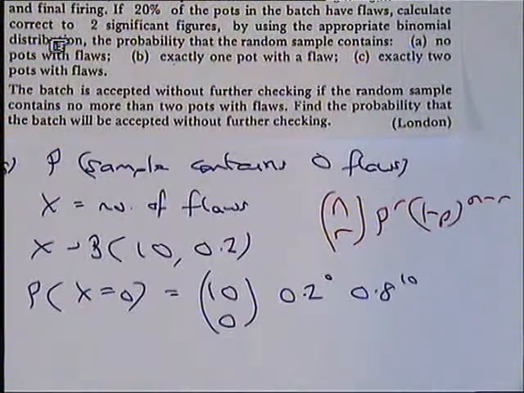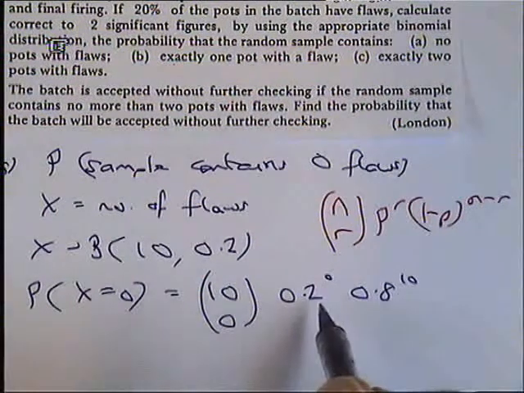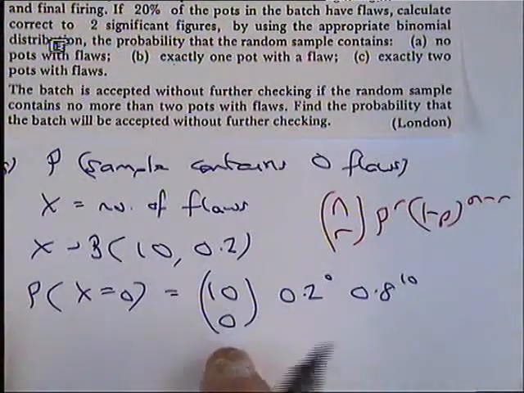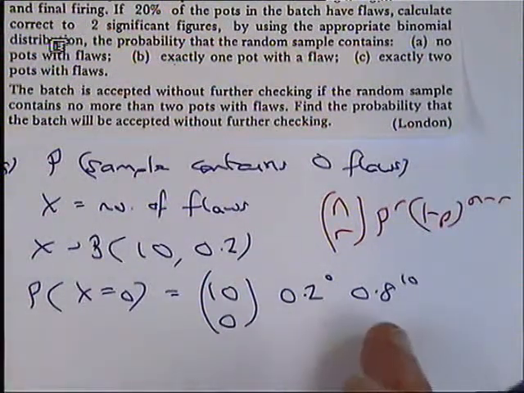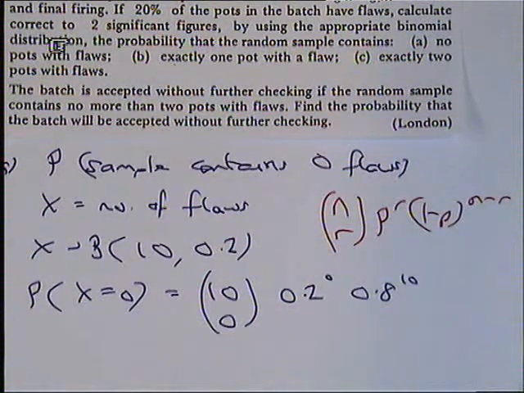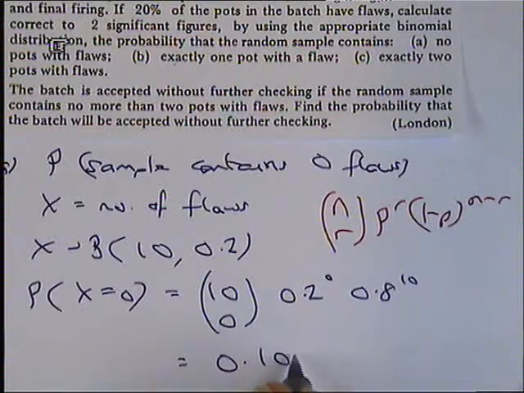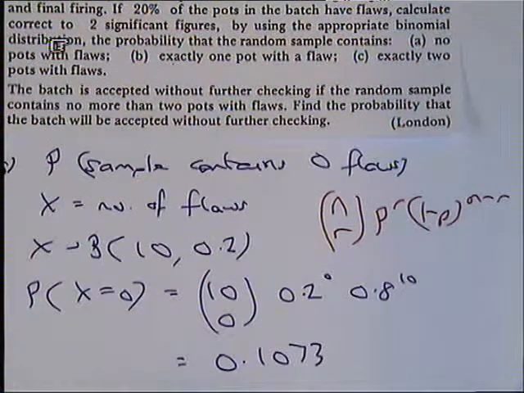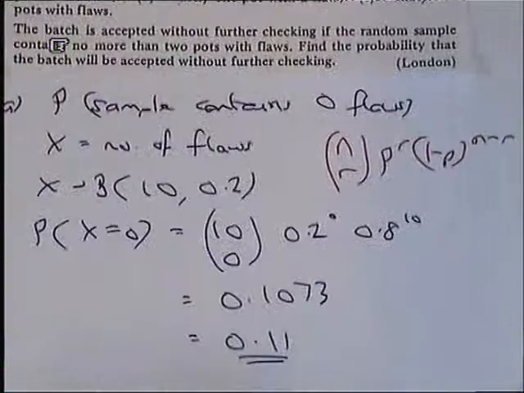Anything choose 0 is 1, anything to the power of 0 is 1. So my only value is going to come from 0.8 to the power of 10. If you work out 0.8 to the power of 10, we get 0.1073. They're asking for two significant figures, so that's 0.11.